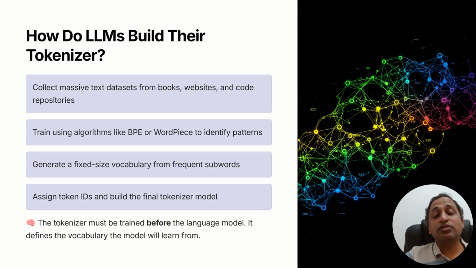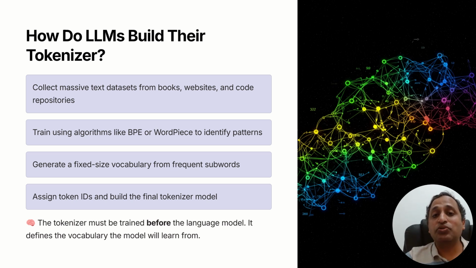Now let's look at how models we use, like GPT or Llama, actually build their tokenizers, because this step comes before model training ever begins. First, they start by collecting massive text datasets from books, websites, code repos, forums, and more.